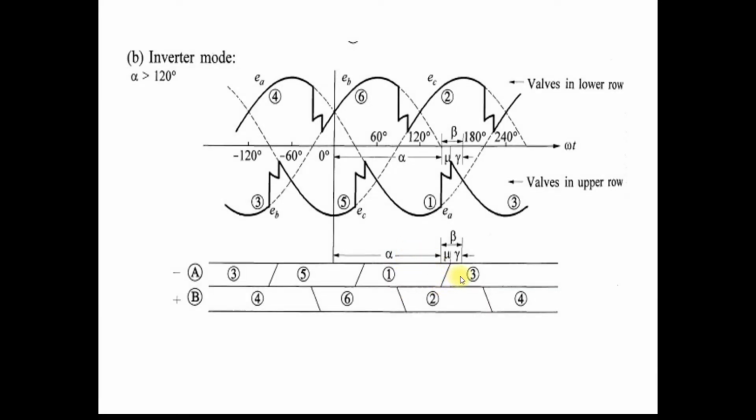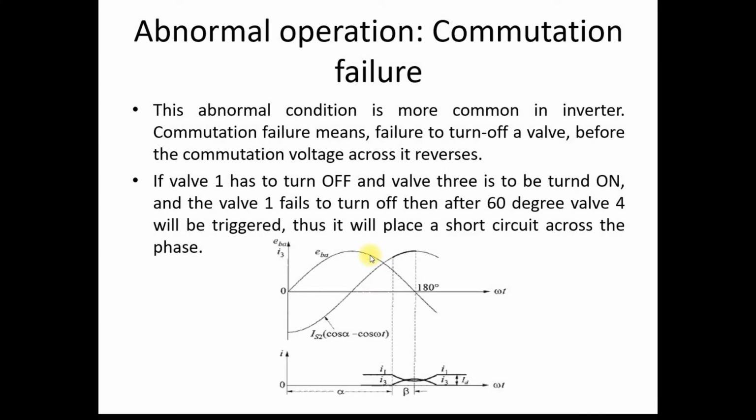When the commutation fails, valve 1 continuously conducts for the next duration, and when valve number 4 is conducting at this time, your supply phase is short circuited. Clear? Because of the commutation failure, your supply is short circuited, and that damages the valves as well as the transformers.